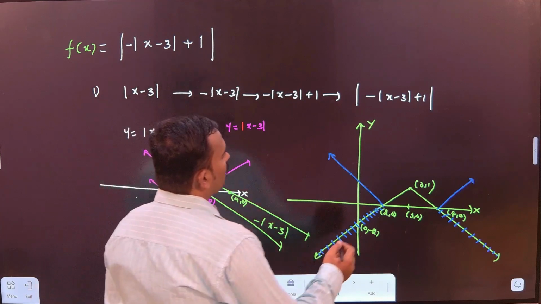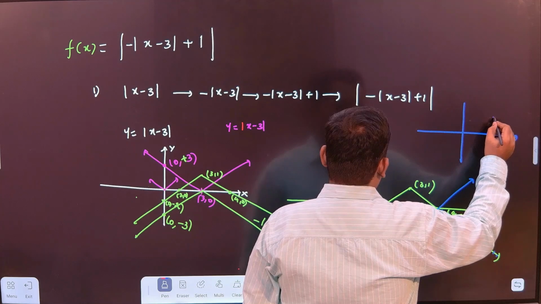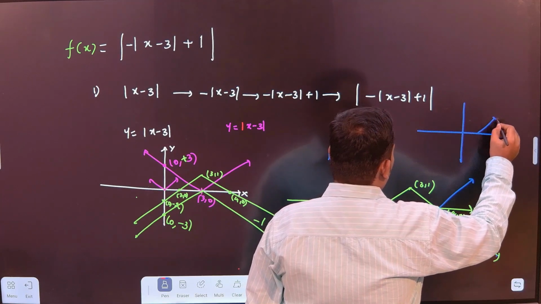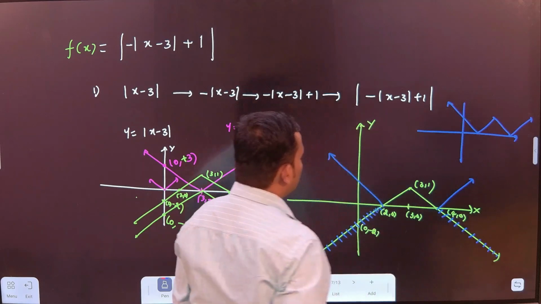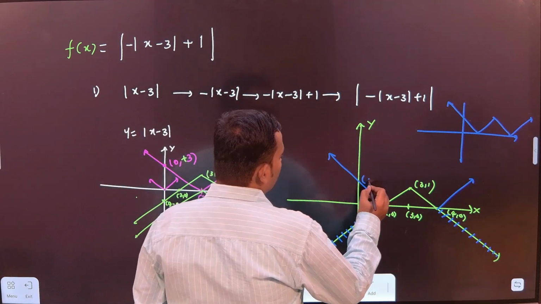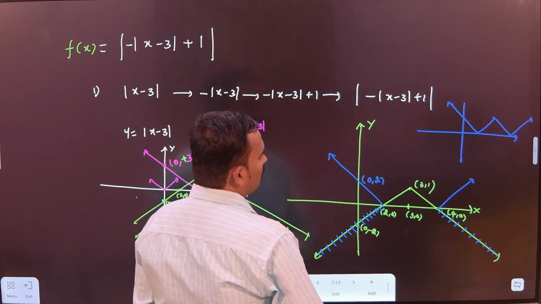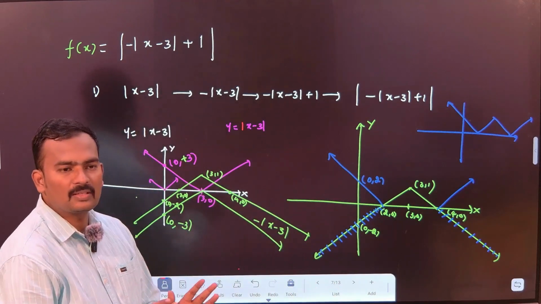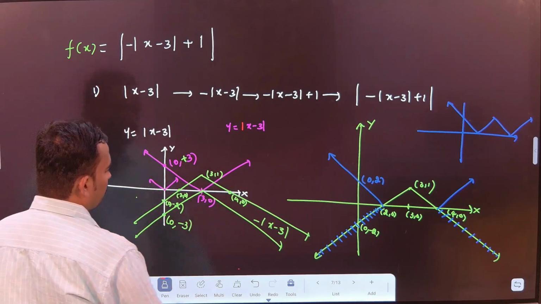The original graph is what? So this is your graph like this. Understand? This is 0 comma minus 2, means this is 0 comma 2 here, right? Okay. I hope everyone understands, right? Okay, fine. We'll go for the next question.